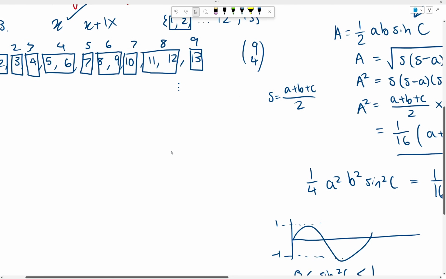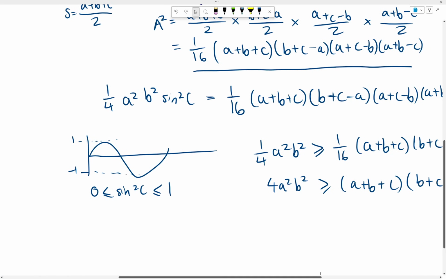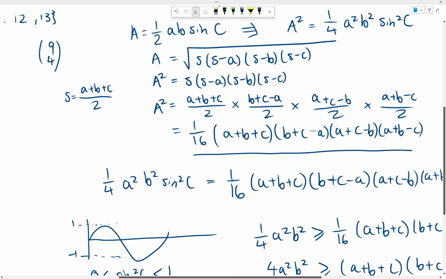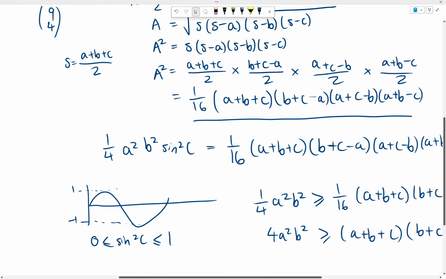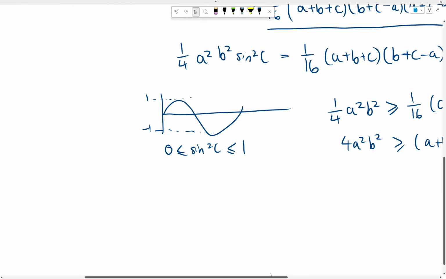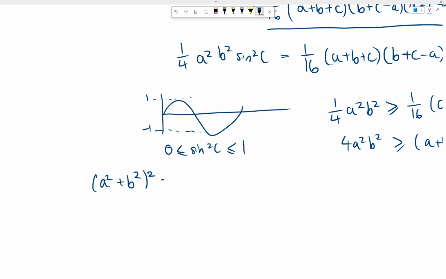So I'm going to notice that (a squared plus b squared) all squared is equal to a to the power of 4 plus 2a squared b squared plus b to the power of 4.